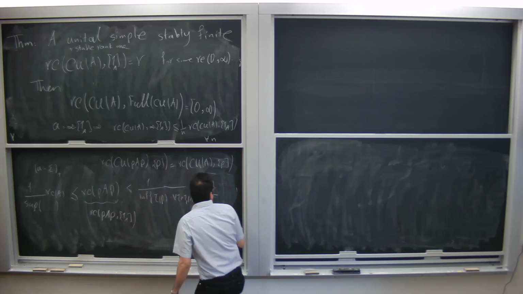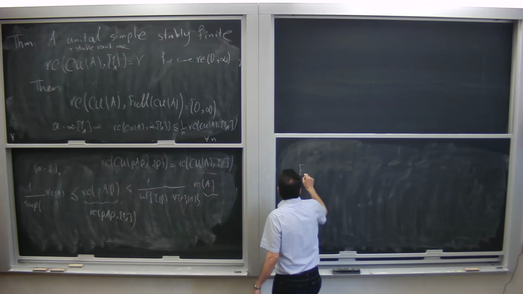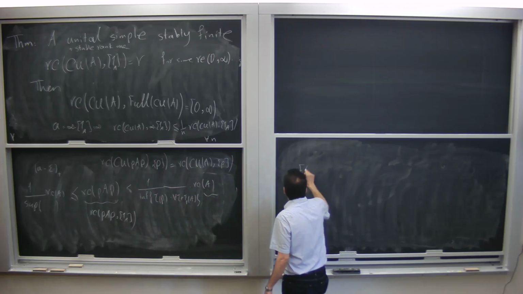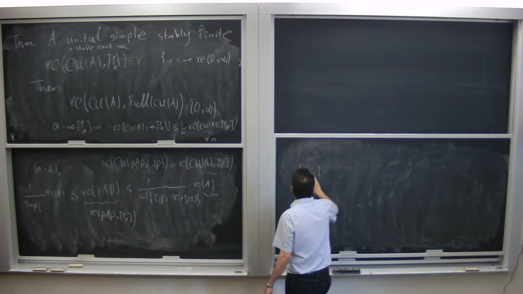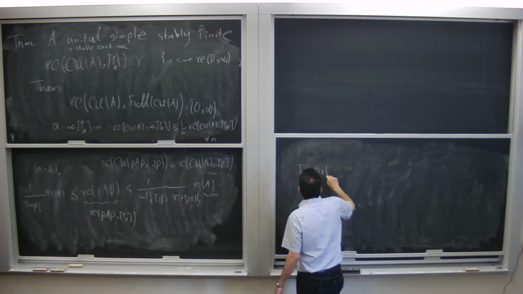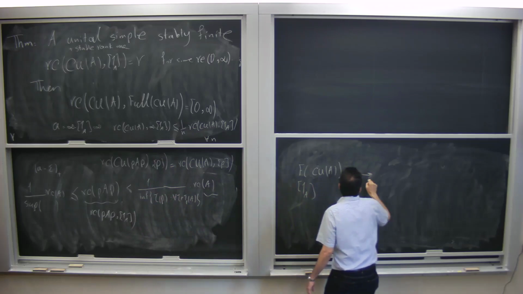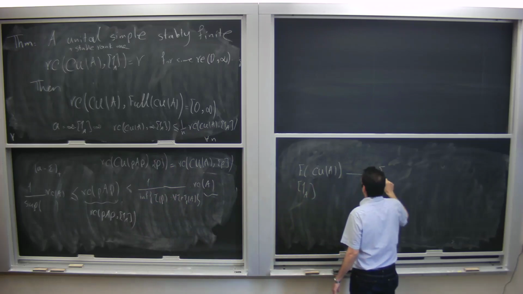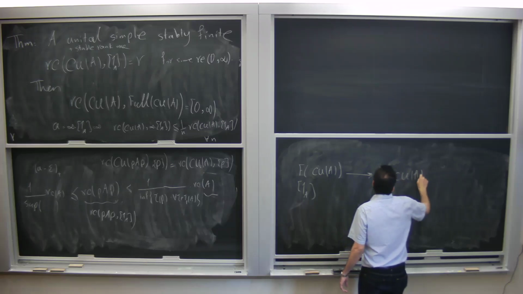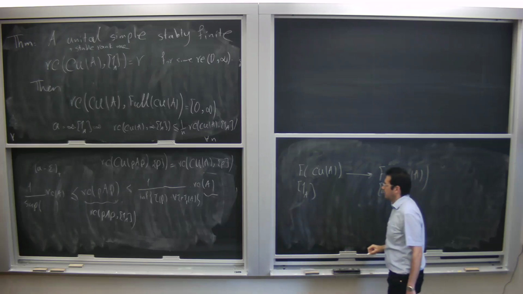Okay, the point is that if you have all functionals, for example, identity of CU of A, and then this one, all functionals but normalized, and the other one normalized on another full element, right?